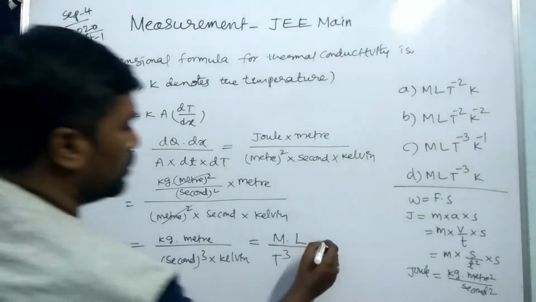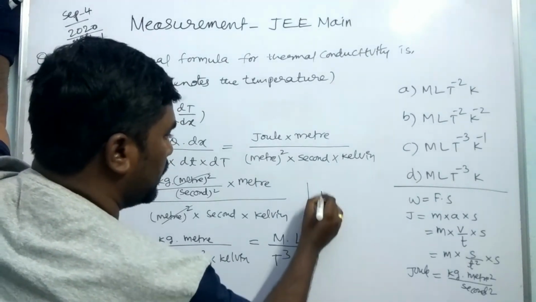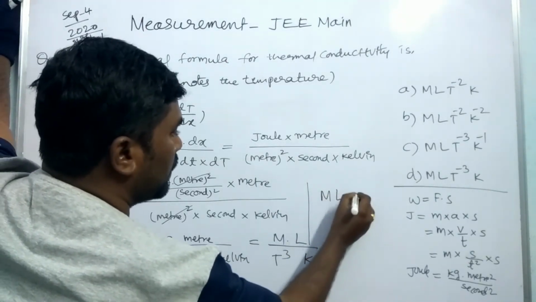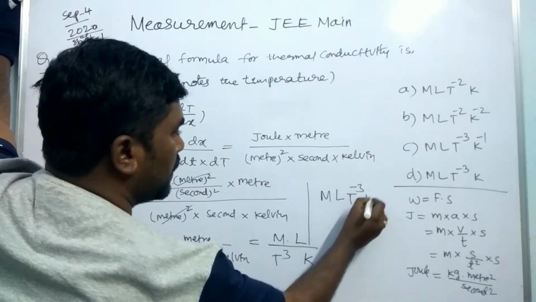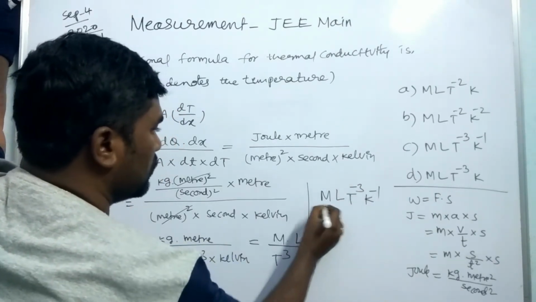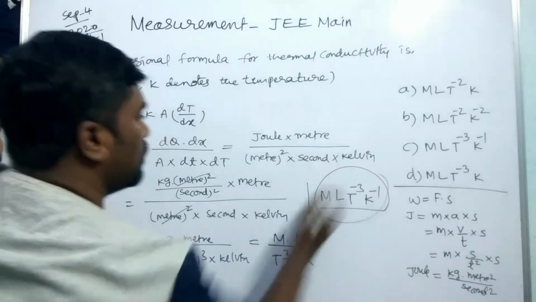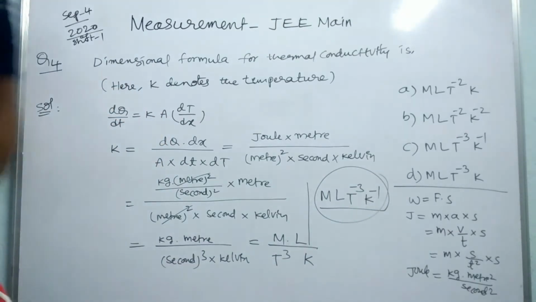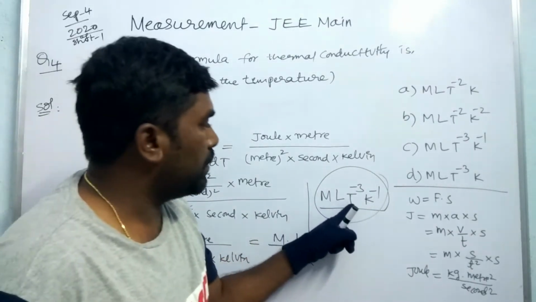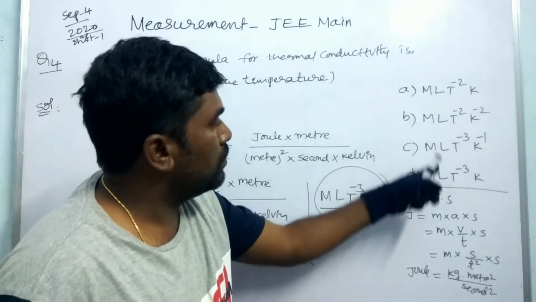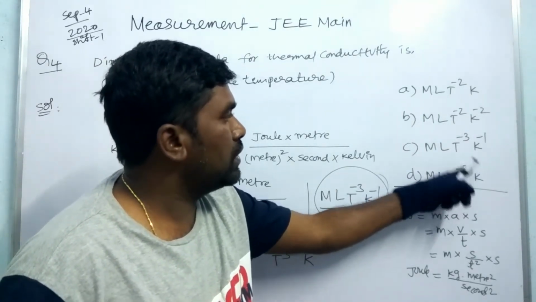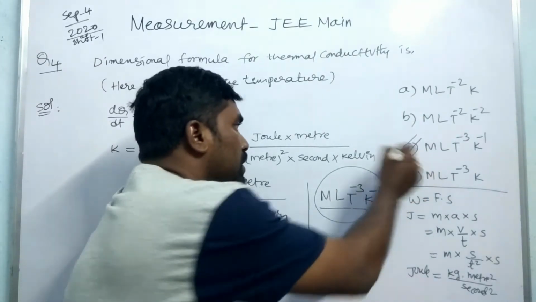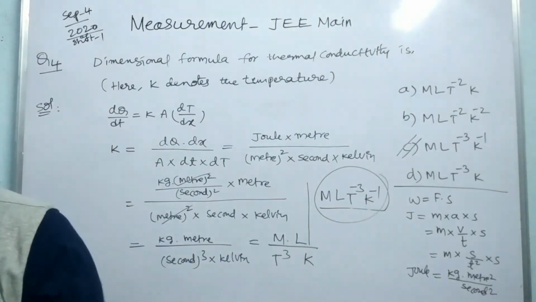So therefore it should be written as M L T minus 3 K minus 1. So this is the dimensional formula for K, M L T minus 3 K minus 1. So option C is the right answer here.